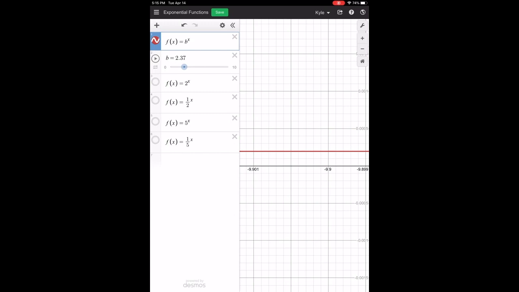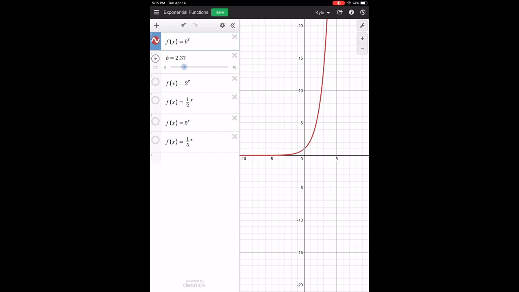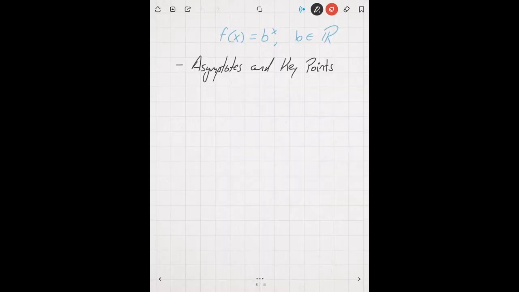This is going to be the asymptote for us. The x-axis, or I should say the line y equals 0, is going to be our asymptote. So our asymptote here is going to be the x-axis, which is the same thing as y equaling 0, or f of x equaling 0. That's the equation of that line, the x-axis.